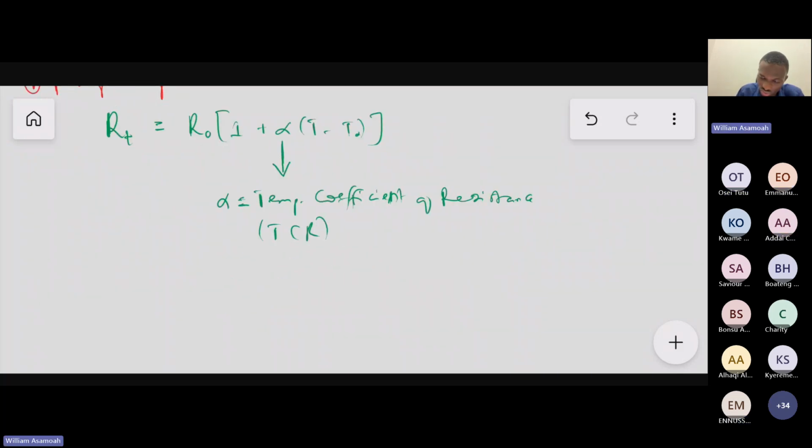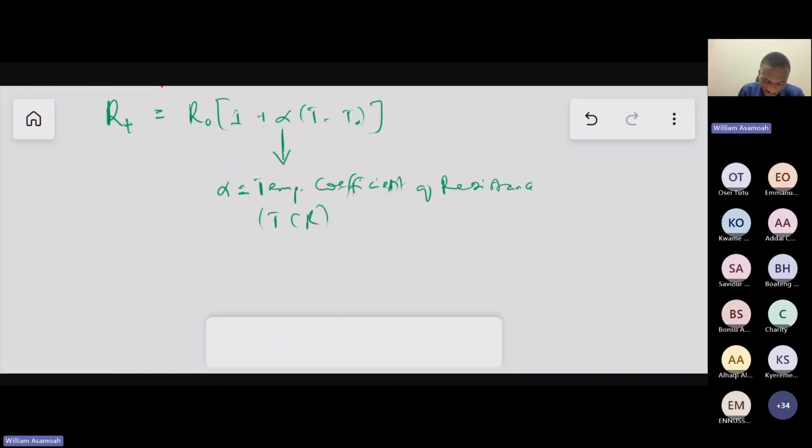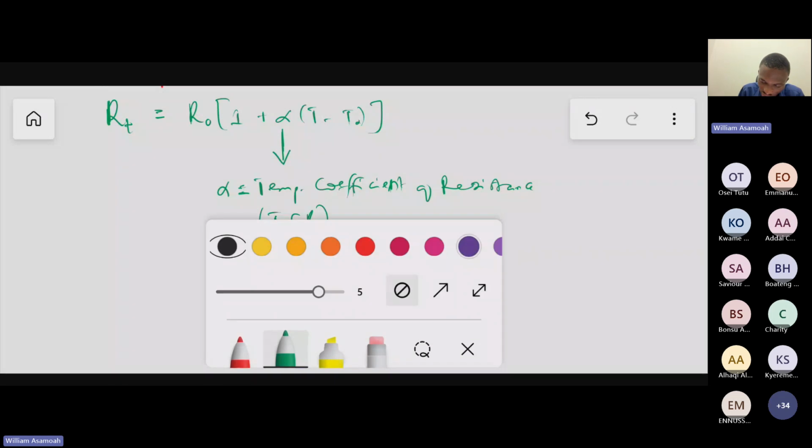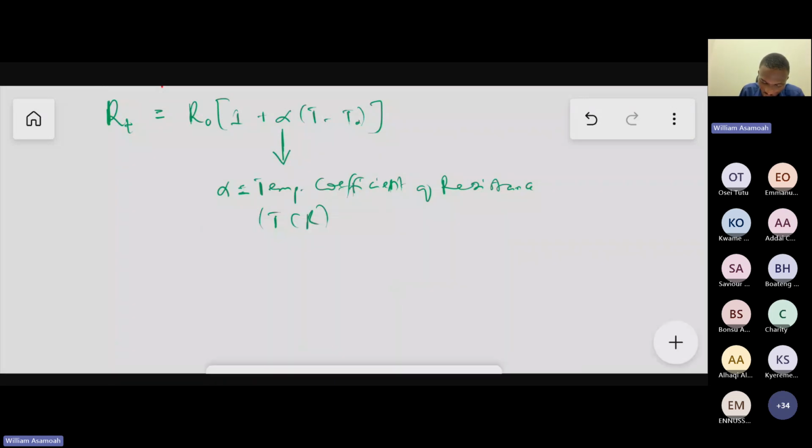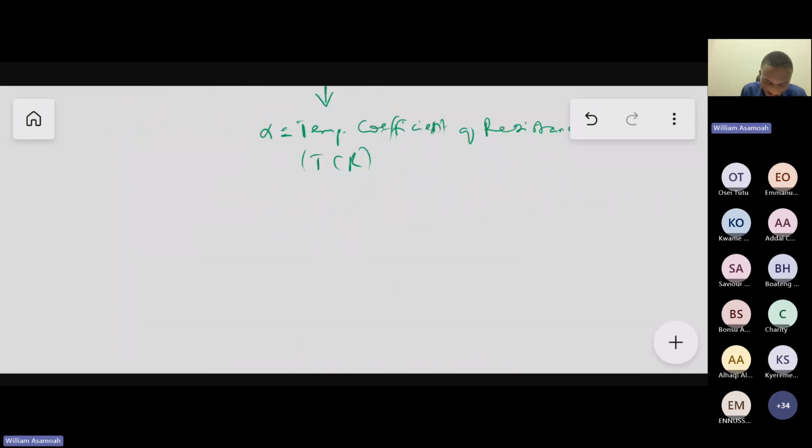Okay, great. So I can give you a temperature. We can say that copper has a resistivity, or TCR, an alpha of, let's say alpha copper is equal to 0.00393.